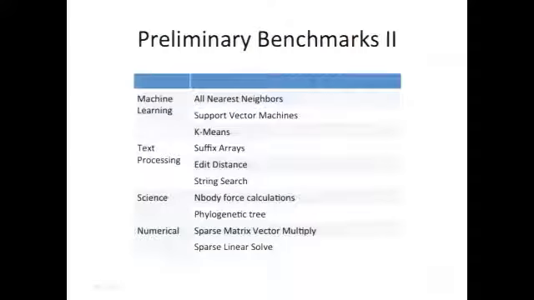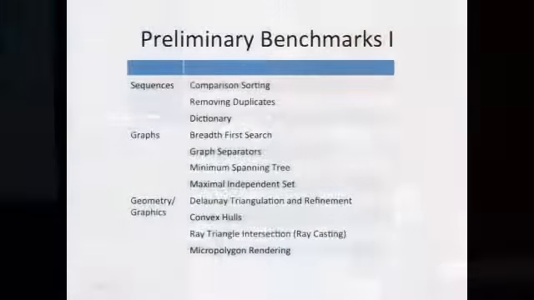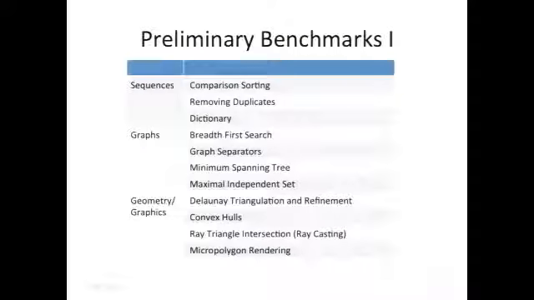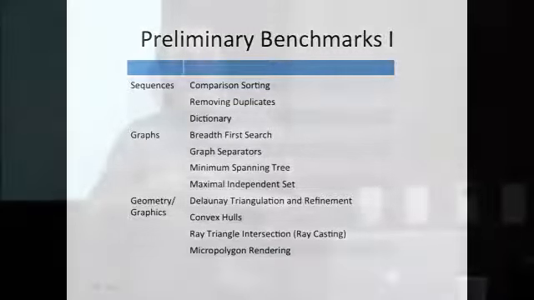So we have a lot of computational geometry, we have ray triangle intersections, we've got the standard graph type algorithms, operations on sequences, things for machine learning, text processing, n-body calculations, etc. So what we did is we took these and we coded them all up in C++, but using a style of programming that we teach in the class, the sort of nested parallelism at a high level.